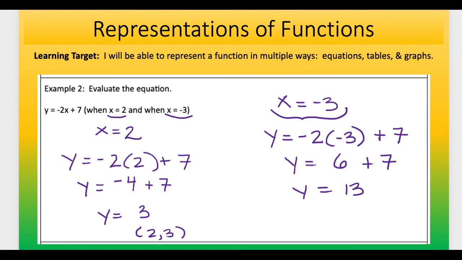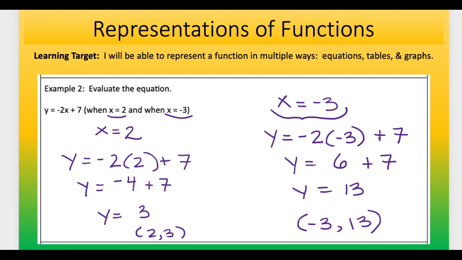Again, if I wanted to, I could write this as an ordered pair, a solution to this function. The way that I would write that would be -3, 13. What I'm saying is when my input is -3 in this equation, my output is 13.